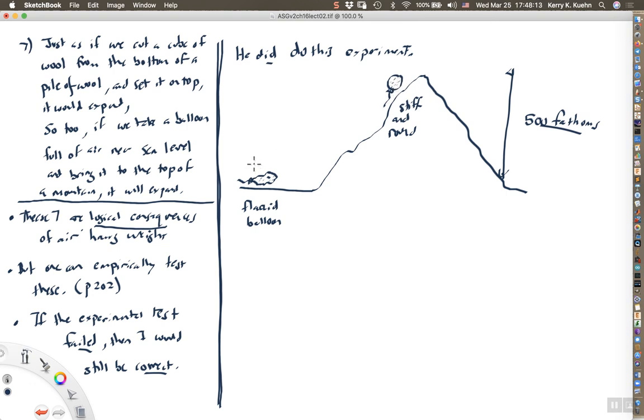What's different is that down here, the atmospheric pressure is high. Remember, we live under this huge atmosphere of air that's pressing down. So down here, the atmospheric pressure is high, so it's compressing the balloon. But up here, the atmospheric pressure is low, so it doesn't compress it nearly enough. So this is the experiment that he carried out.